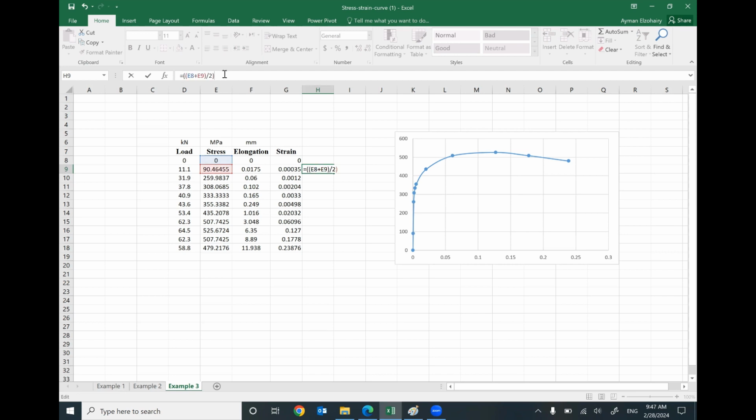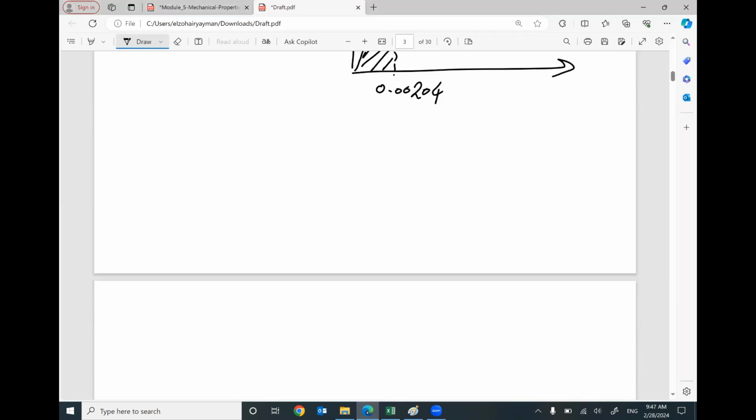So I found the average value of the stress of the trapezoid, then times the increment in the strain, this value of strain minus this value of strain. Does that make sense? So this is the area of the trapezoid. Then enter. I can find the value of the first one.